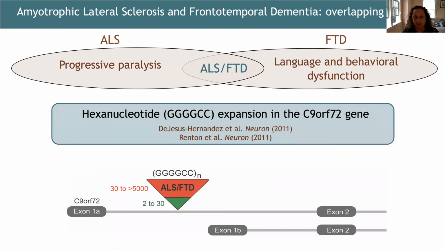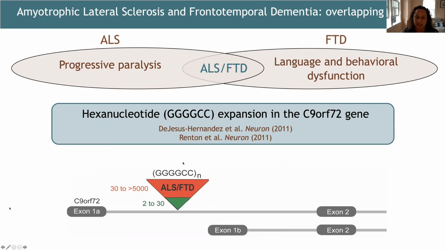But what's really particular is the type of mutation that is involved here. So this is basically a repeat, a hexanucleotide repeat, G4C2, that is normally repeated 2 to 30 times in the population. But in patients, there's an increase of the number of repeats to hundreds, if not thousands of repeats.